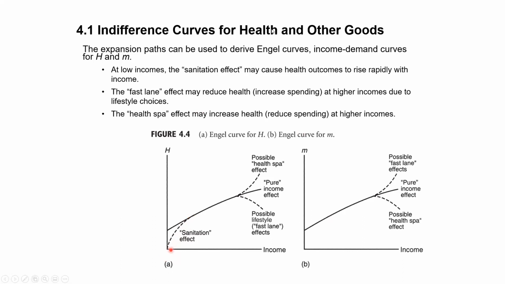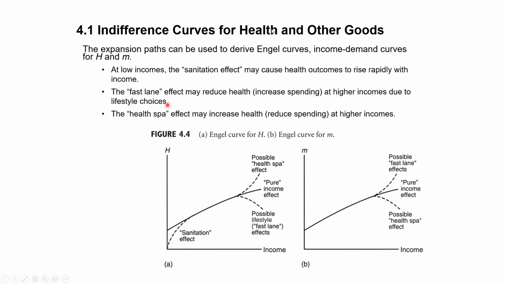So this dashed curve line at the lower left portion of this curve, the sanitation effect, represents improvements in income that lead to a very rapid increase in health outcomes as well.